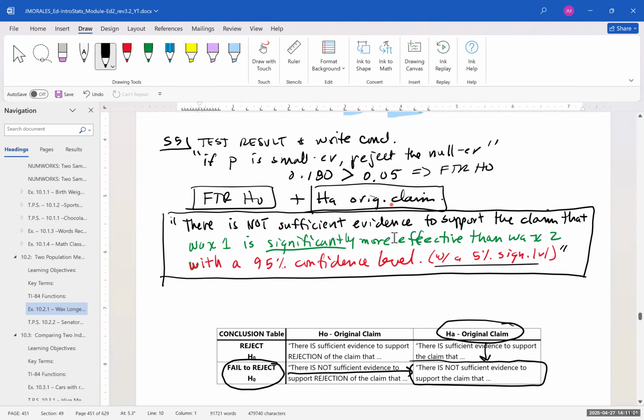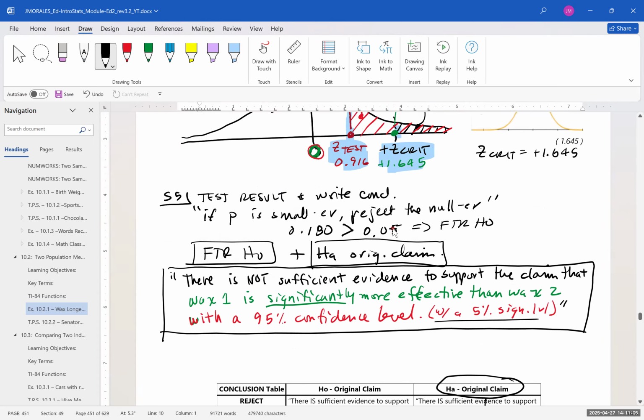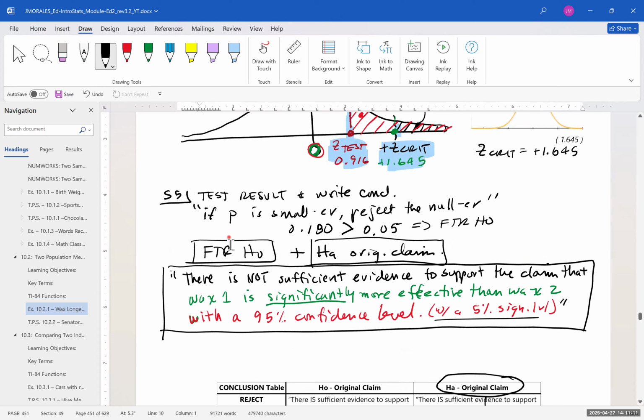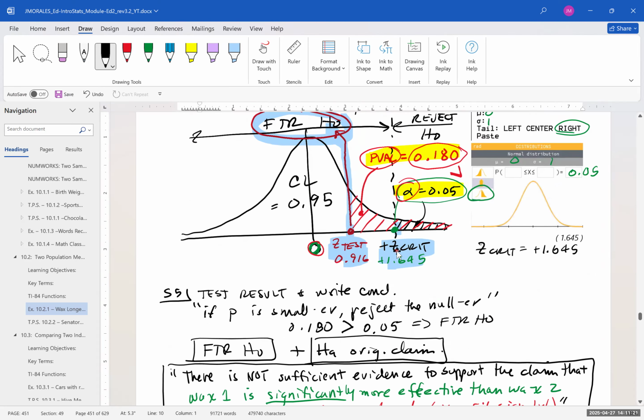So, I hope the thing that you get out of this worked through example is that writing your conclusion is the same as before. Finding whether you're failing to reject the null and marking down what your original claim was is the same as before.